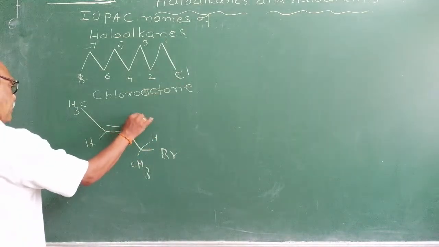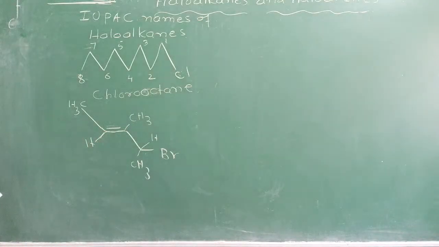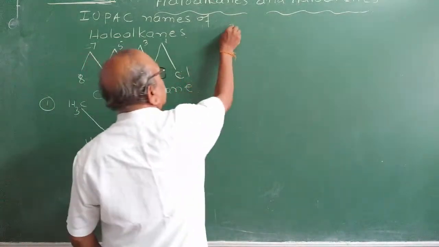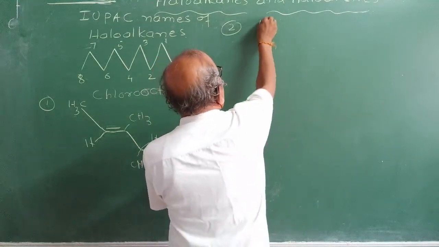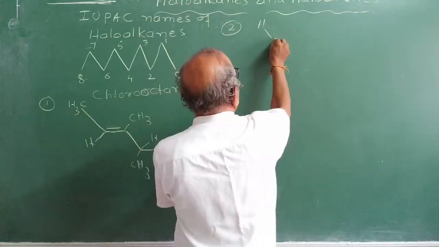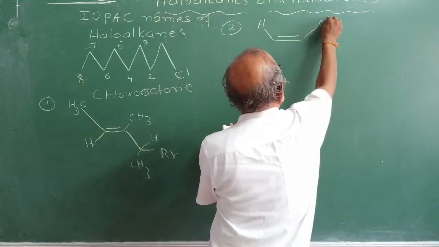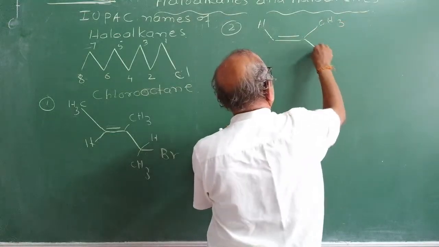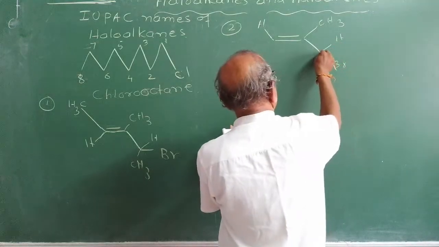Here CH3. Here there is a double bond. Try to name the IUPAC name of this compound. Try this example. I'll write another example. H, double bond, CH3, H, Br, CH3.